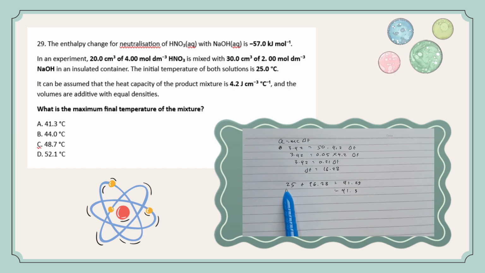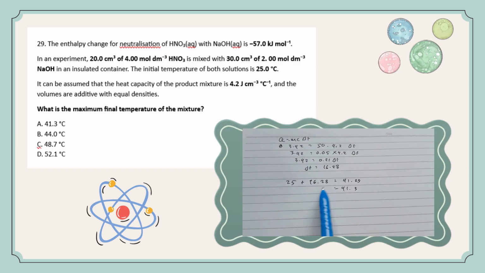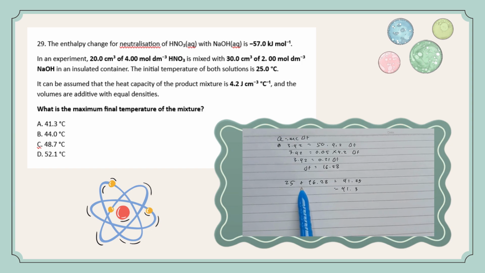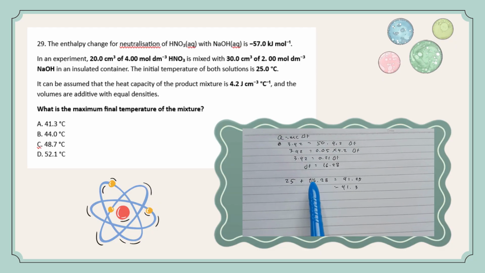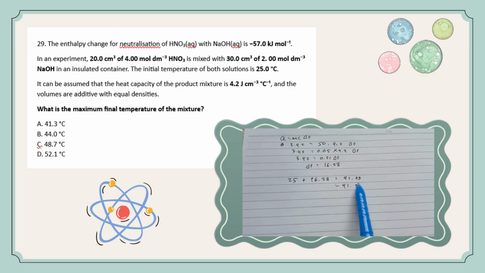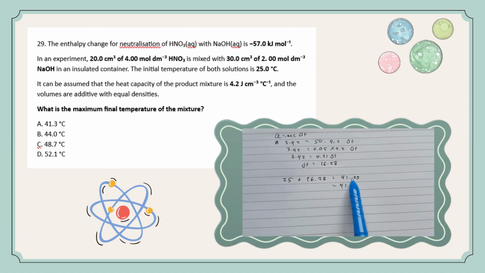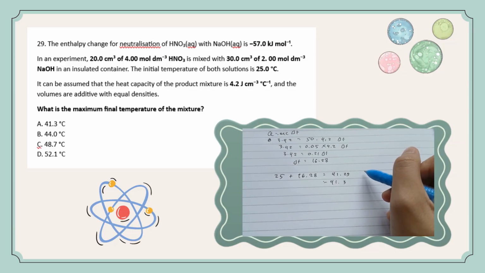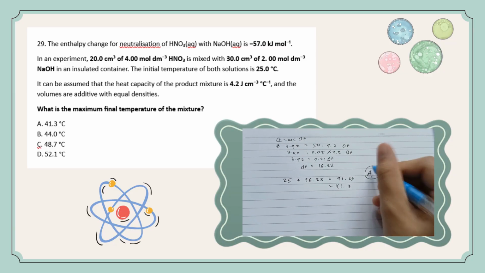Because the initial temperature is 25 and the change, or the delta, is 16.28, to search the final temperature we add these two, and we have 41.25 or 41.3. For this question, the right answer is A.